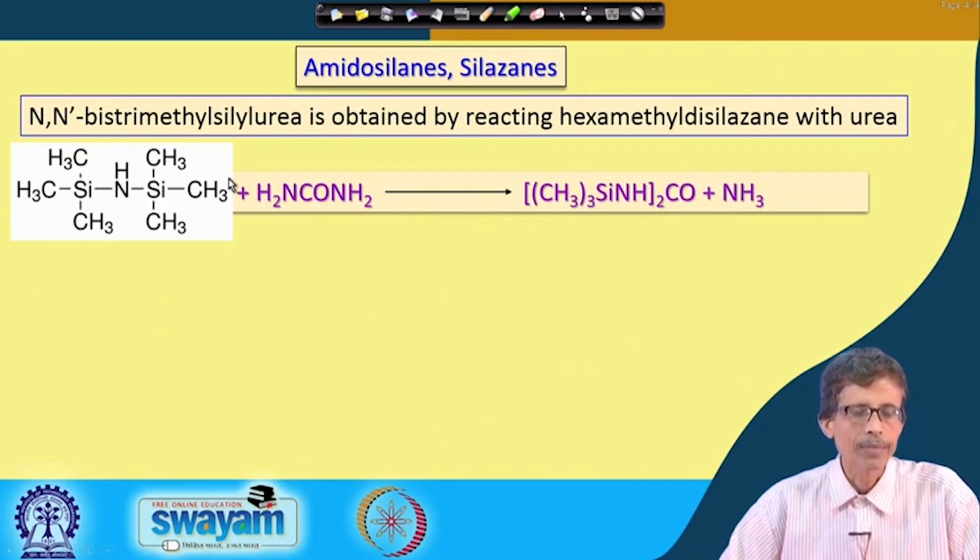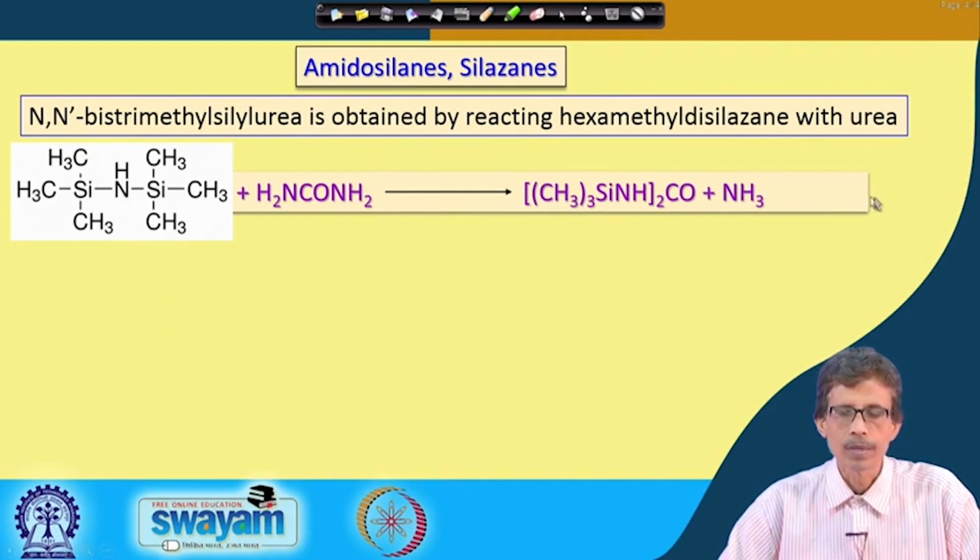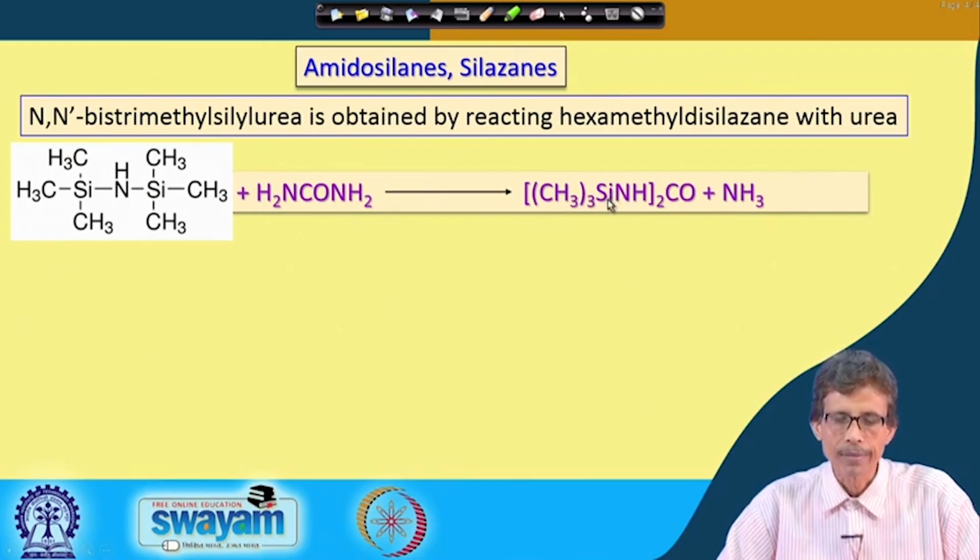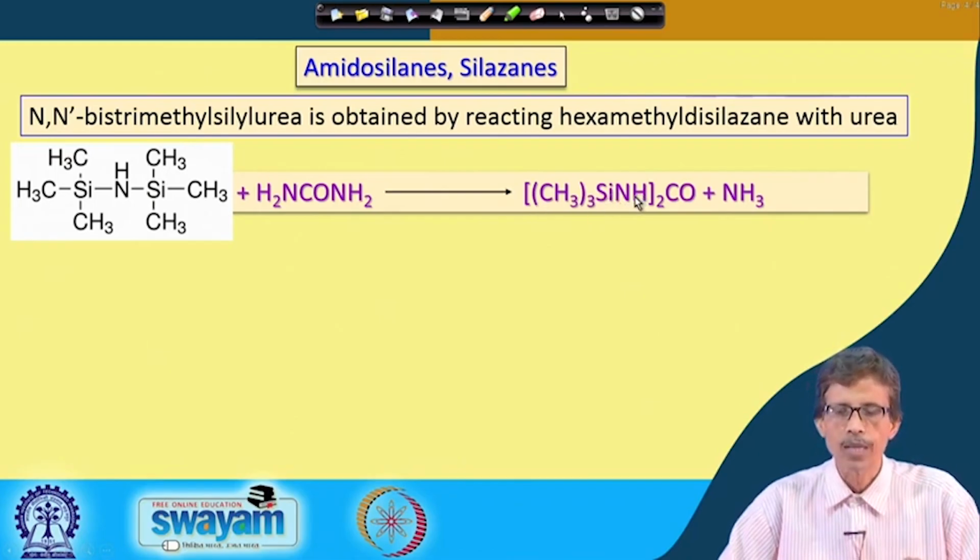So what we get basically is that this NH is removed as ammonia, and this NH function on the urea side, left and right, can attract the attachment of trimethylsilyl groups. So the trimethylsilyl groups attach to the NH group of the urea.